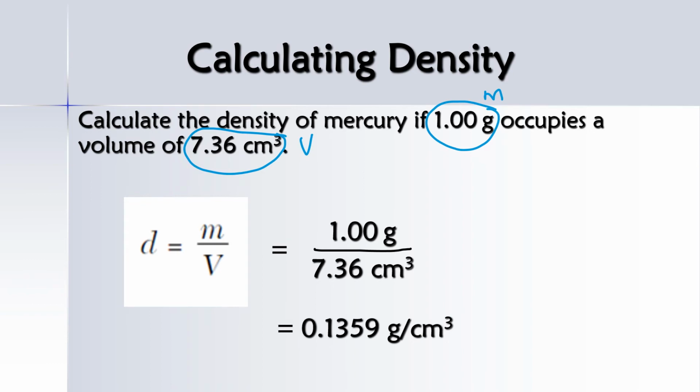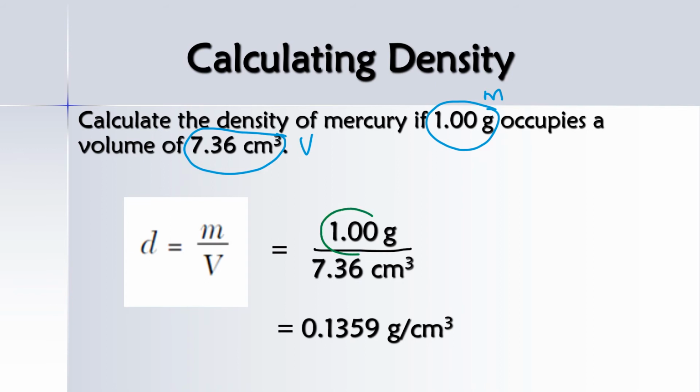Now, one thing we want to make sure of in all the density problems is that we have the correct number of sig figs in our answer. Remember, whenever we are multiplying or dividing two numbers, whatever least number of sig figs we have out of those two numbers, that's how many sig figs we want our answer to have.